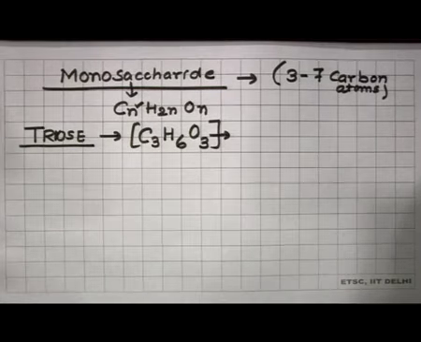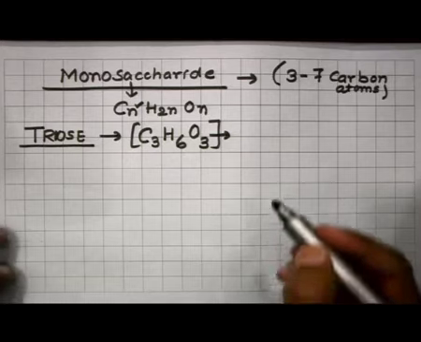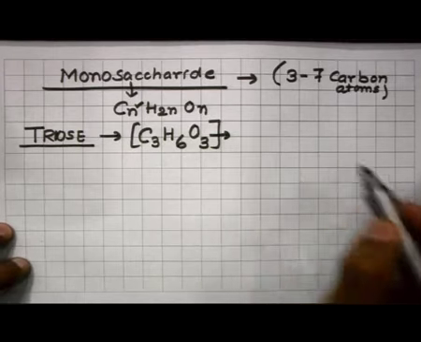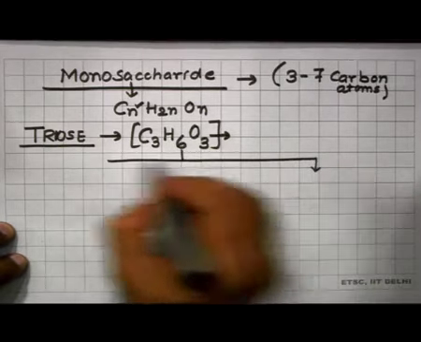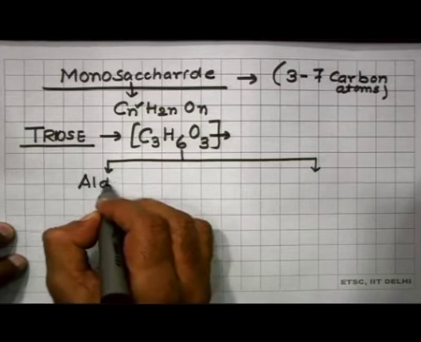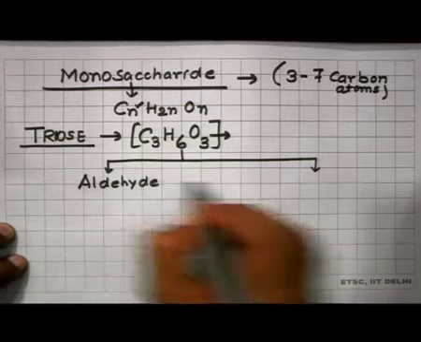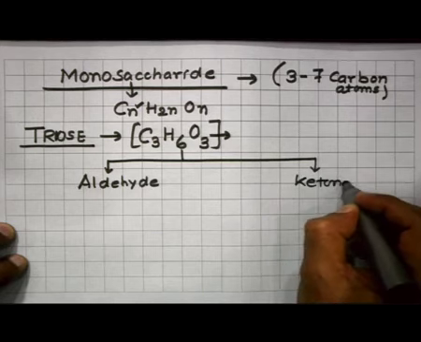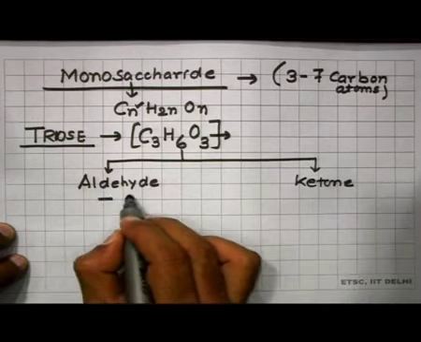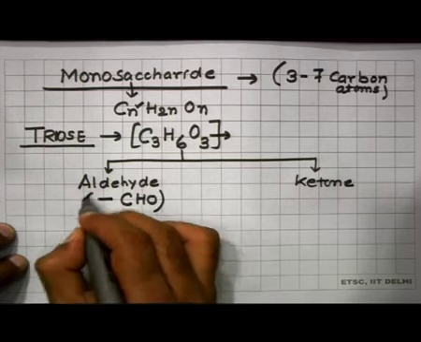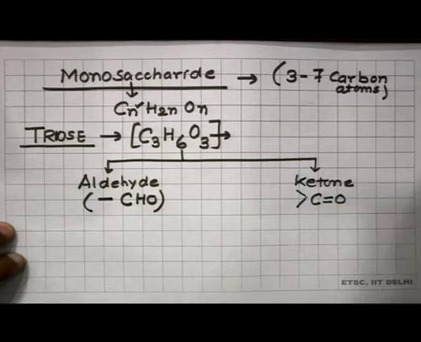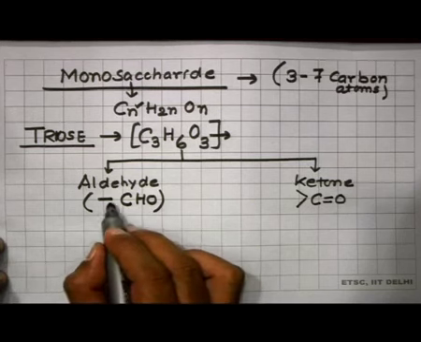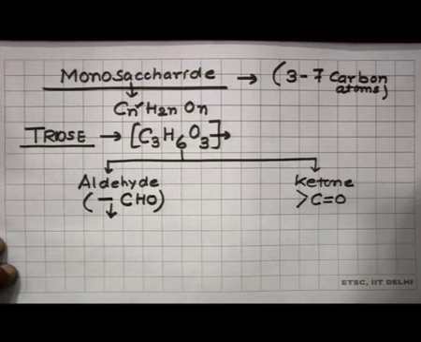Now, its structure depends upon where the carbonyl group is present. It has been divided into two main parts, aldehyde and ketone. The aldehyde functional group is CHO, the ketone functional group is C double bond O. The example of triose in the aldehyde group is glyceraldehyde.